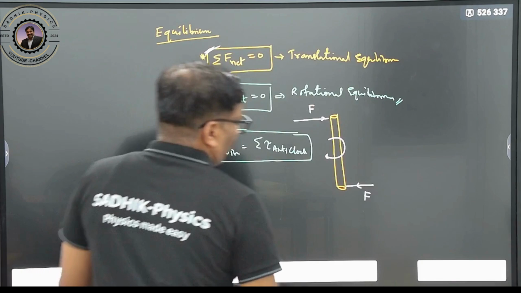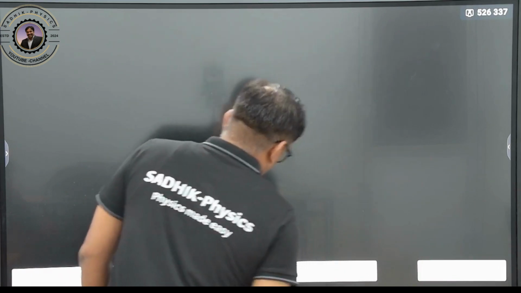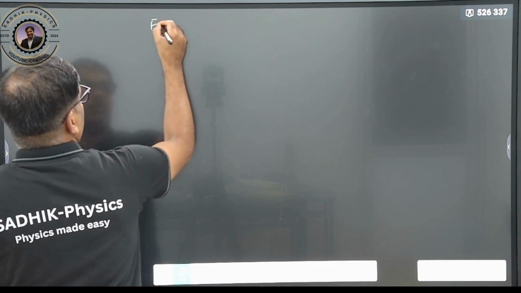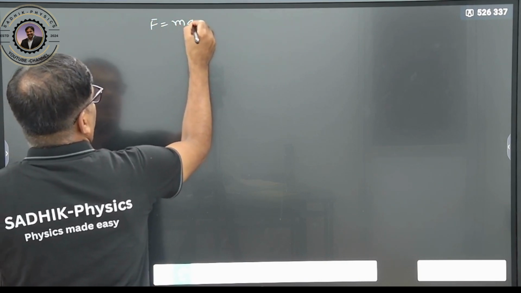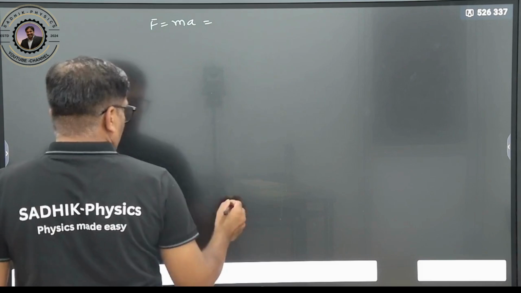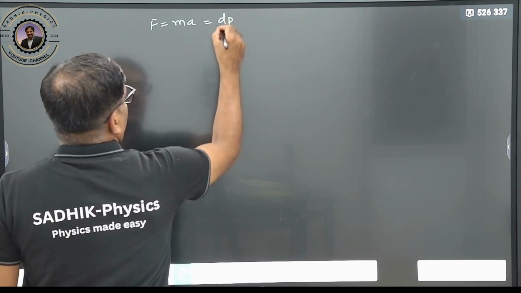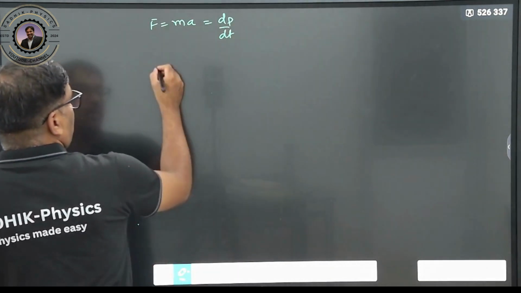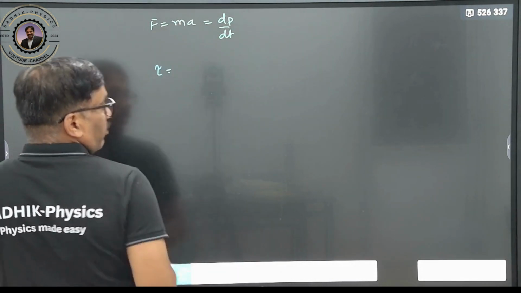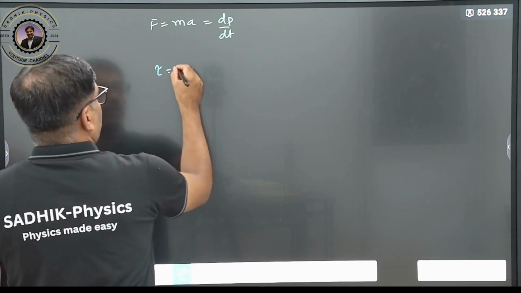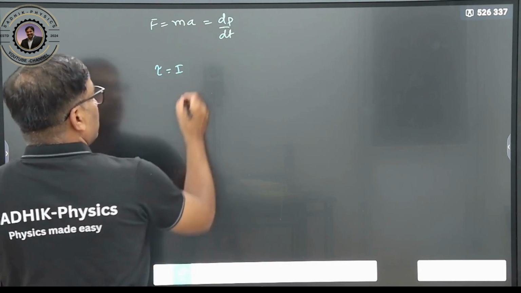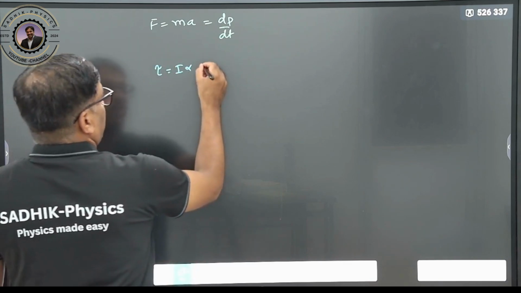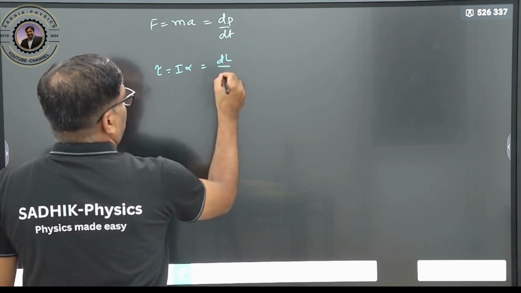Now we can write one more formula for torque. Torque can also be defined like force. What is the force formula? Mass into acceleration, or rate of change of momentum, dp by dt. Similarly, torque can be defined with moment of inertia instead of mass, angular acceleration instead of acceleration, and angular momentum instead of momentum, dL by dt.